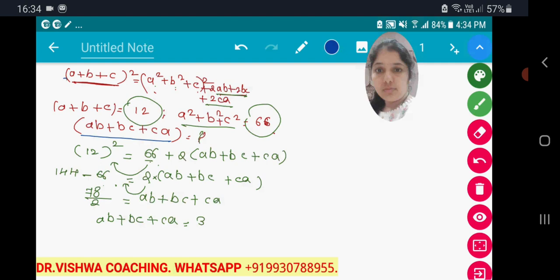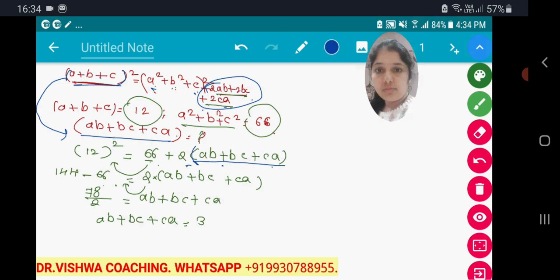Now we know this formula: (A plus B plus C) whole square is equal to A square plus B square plus C square plus 2AB plus 2BC plus 2CA. In these terms 2 is common, so we take that common 2 outside the bracket, and inside the bracket what remains? AB plus BC plus CA, which value we have to find.